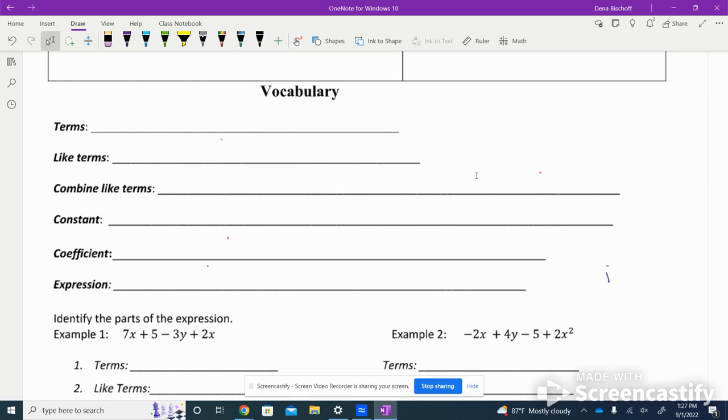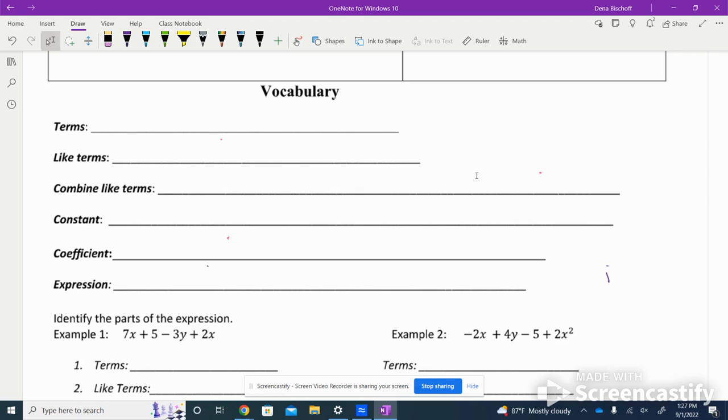A constant. What is a constant? What does the word constant mean? Stays the same, right? Something that stays the same. So when I think of this expression right here, do any of these terms stay the same? What about the number? Does -4 change?